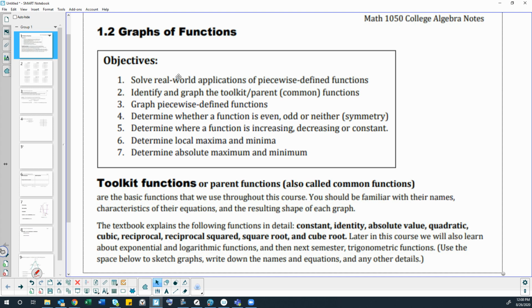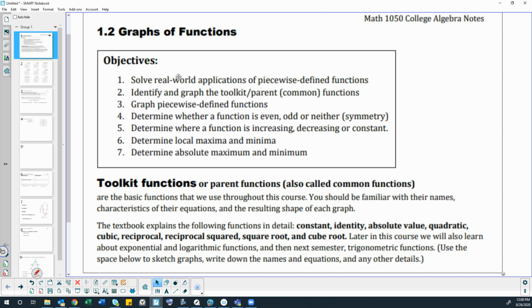Frankenstein is made from pieces of cadavers, right? So Frankenstein is a combination of several different people who once lived, right? So piecewise functions are pieces of common functions put together to create weird functions.